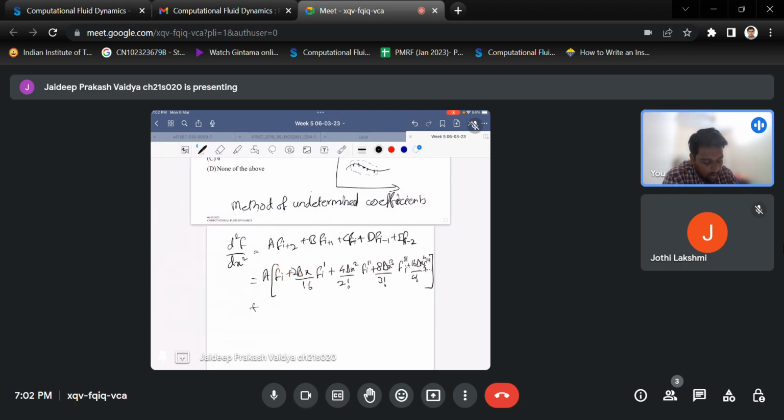And we add on similarly, so fb would be delta x by 1 factorial times fi dash plus delta x square by 2 factorial fi double dash plus delta x cube by 3 factorial fi triple dash plus delta x raised to 4 by 4 factorial fi quadruple dash.